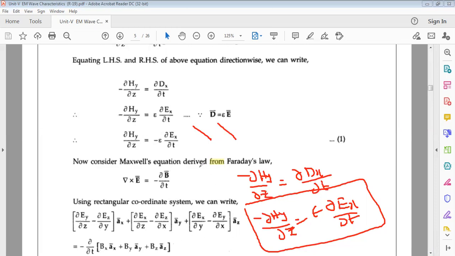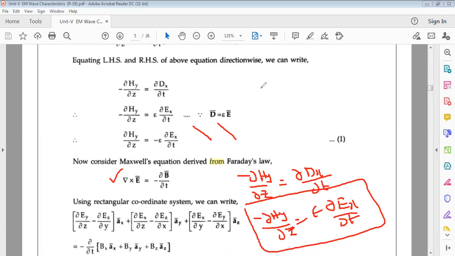And another Maxwell's equation, from Faraday's law: del cross E bar is equal to minus ∂B bar/∂t. In similar fashion you can write this equation.